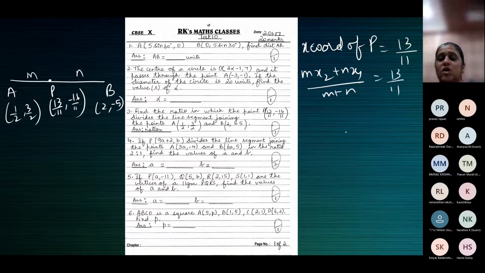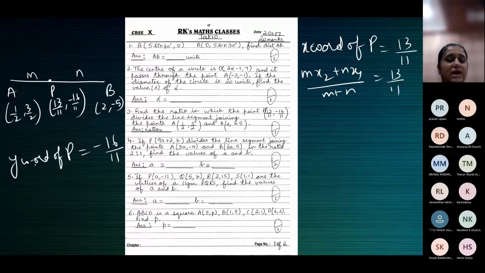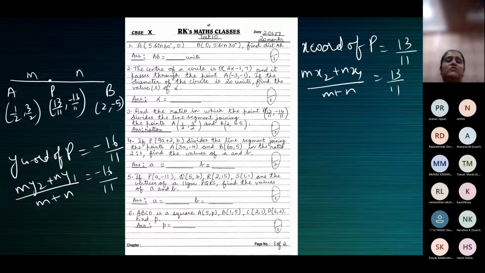You can start like this, or you can start with the y coordinate of the point of division P, which is -16/11. And that is given by (my2 + ny1)/(m + n) = -16/11. Working this, you will be able to find the value of the ratio m is to n. You will find m by n, which is nothing but m is to n. Work this.